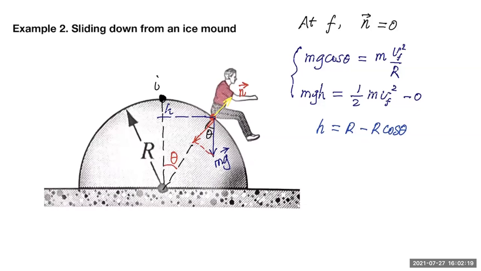Okay, so let's clean things up a little bit. We find mv final squared in the second equation is equal to 2 mgh. So we have mg cosine theta equals mv final squared over r, so it's 2 mgh over r. Okay, cross off m, the mass doesn't matter because it's powered by gravity anyhow.